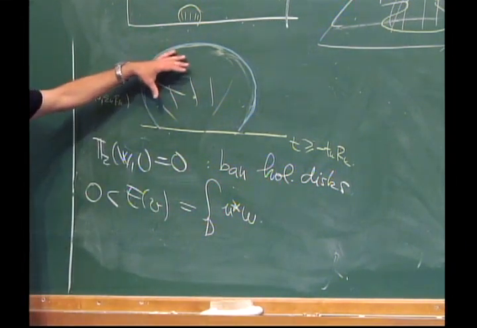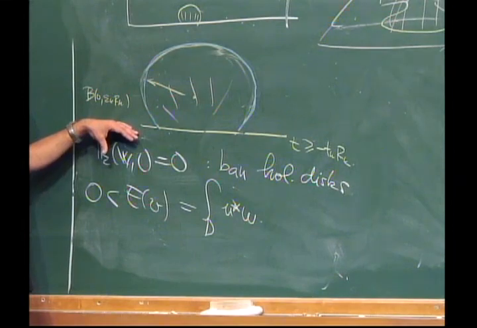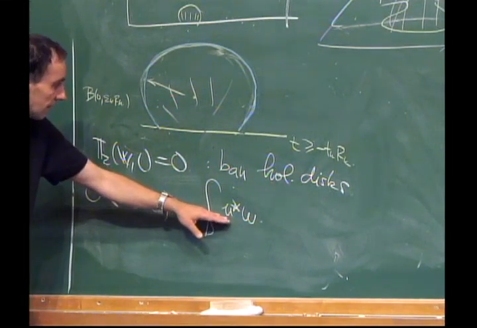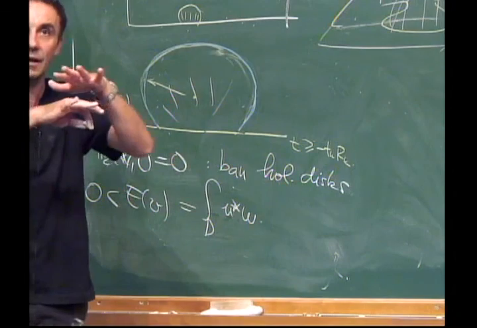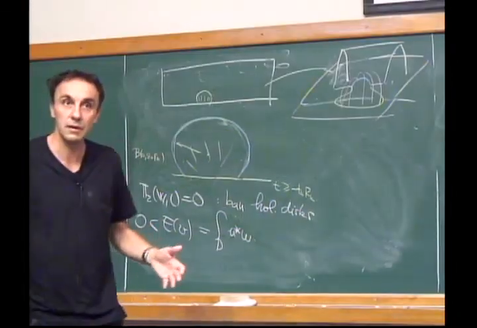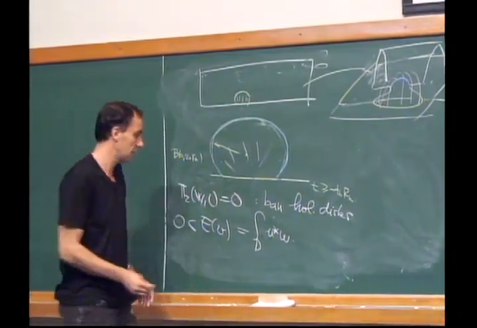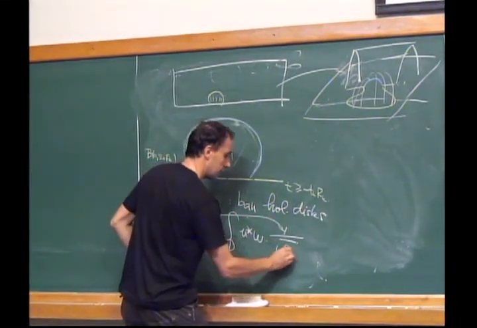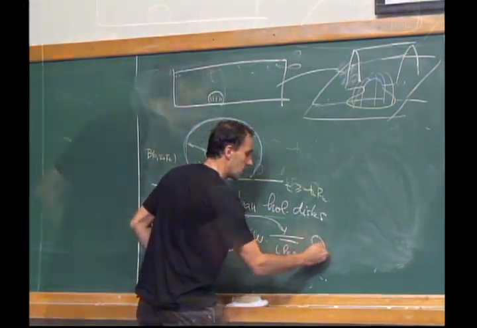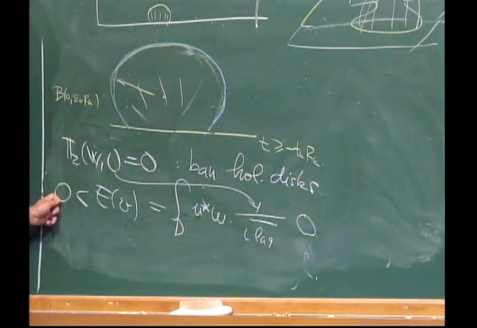But because of this condition, pi 2 of W, L equal to 0, this integral is the same as the integral on the disk lying on the Lagrangian. And on the Lagrangian, omega is 0. Okay? So this condition plus L Lagrangian implies that this is 0. So we get a contradiction.